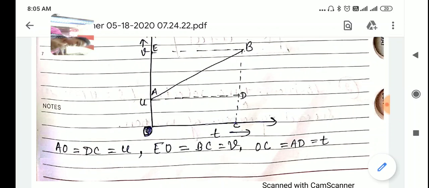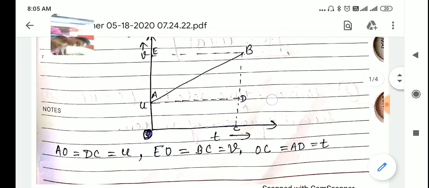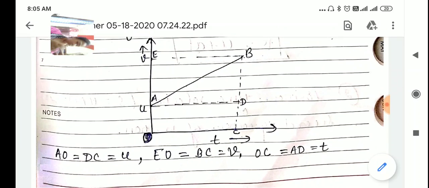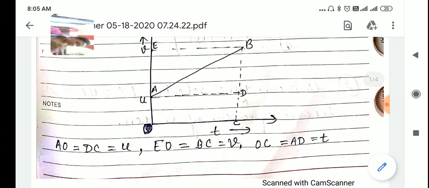We will draw perpendiculars through the t-axis and through the v-axis, that is the velocity axis. To complete the graph and calculate the mathematical expression, we will draw one perpendicular with the help of a dotted line on the t-axis, and we will draw the line BE along the v-axis.